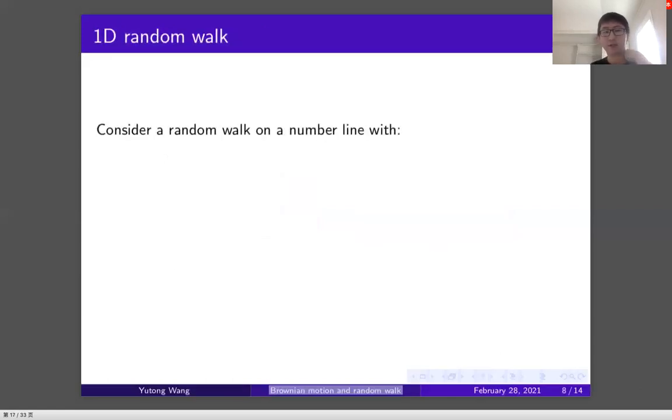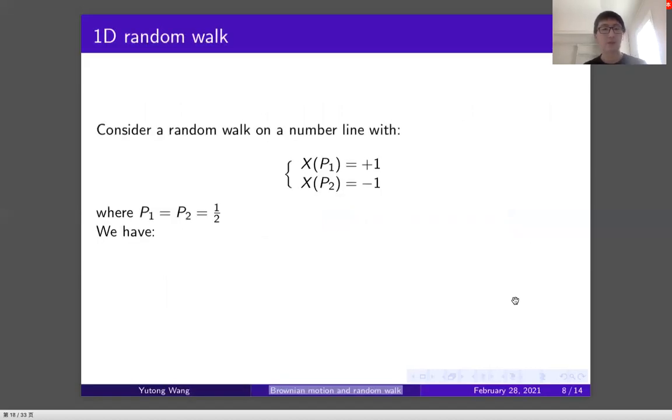For the one-dimensional random walk, consider a random walk on a number line, which is just a straight line. We denote X with p1 equal to positive 1, and p2 equal to negative 1.